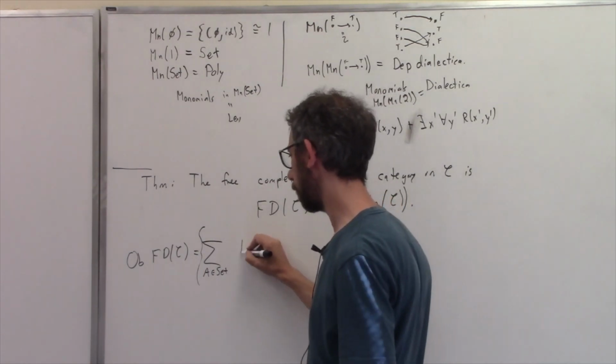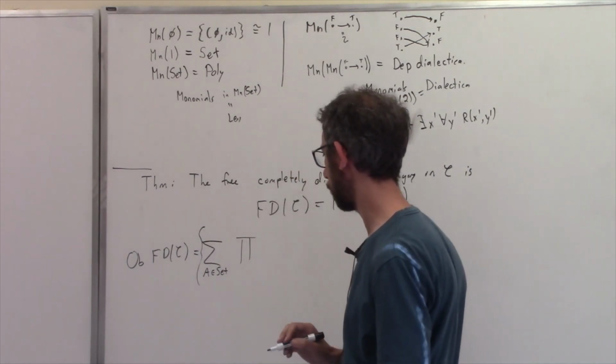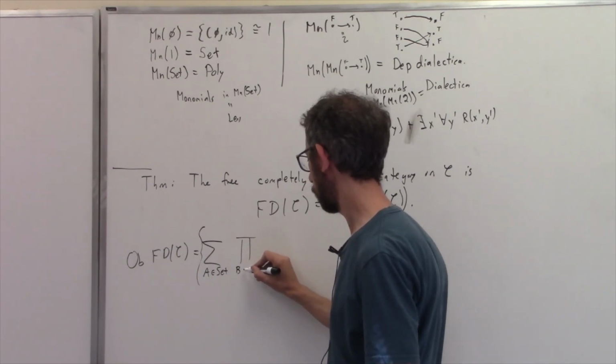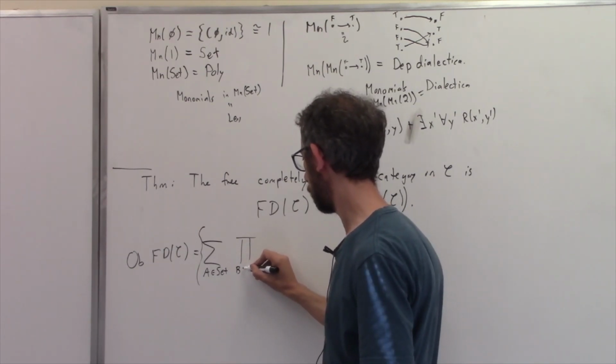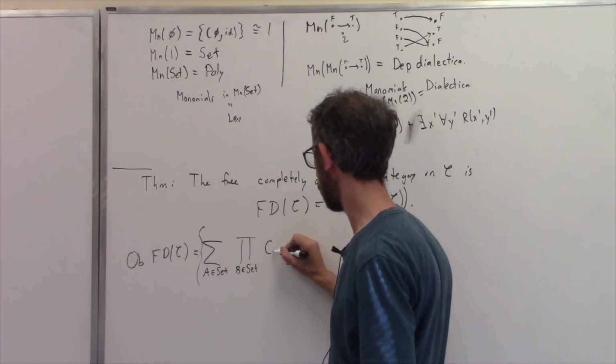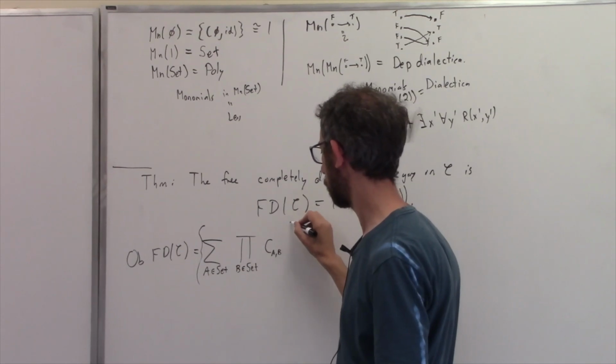It will end up being the coproduct, but you can think of it as just a symbol for right now. And for all A in the set, some B in the set, C A B. These are the objects.